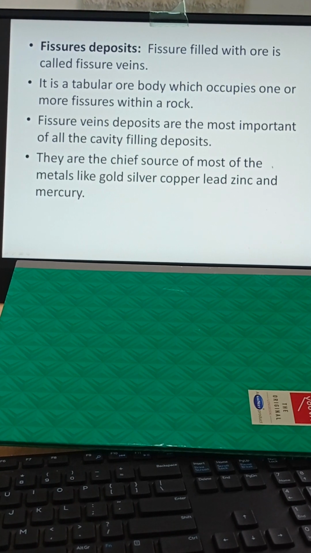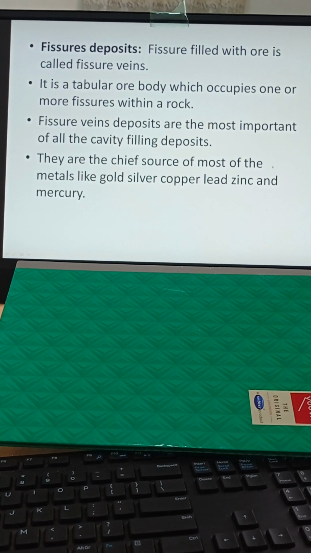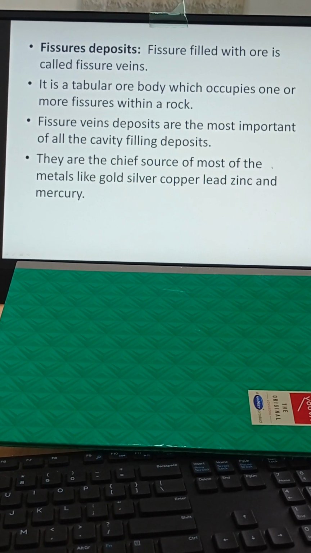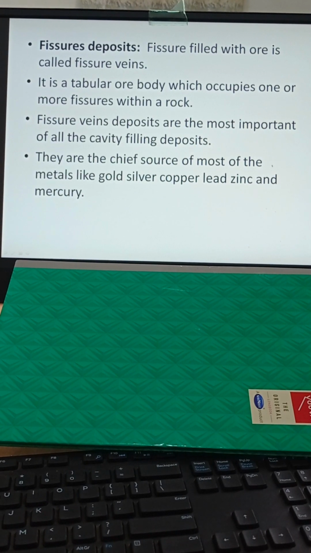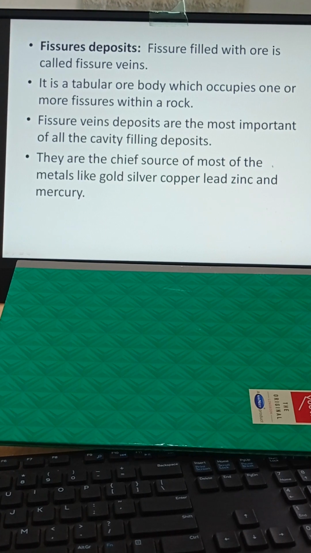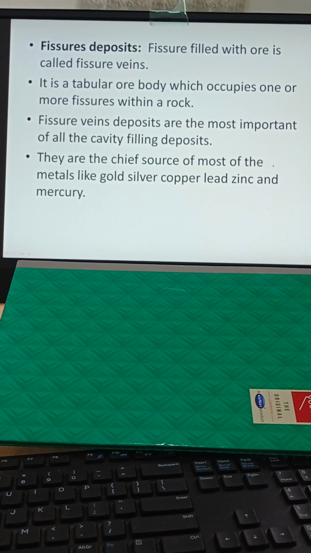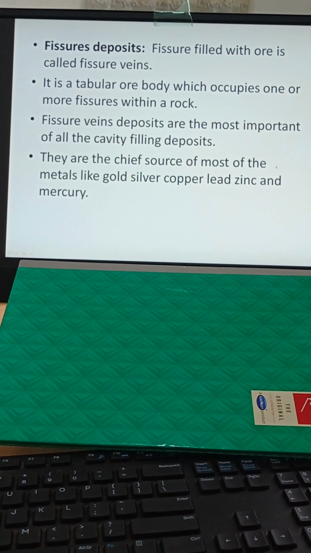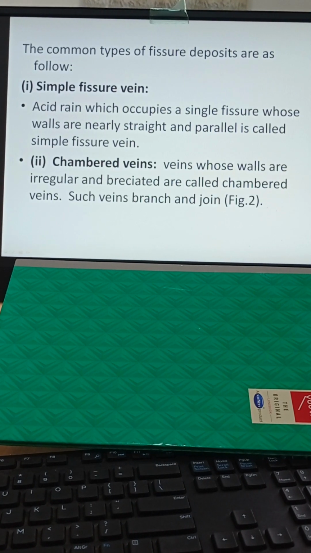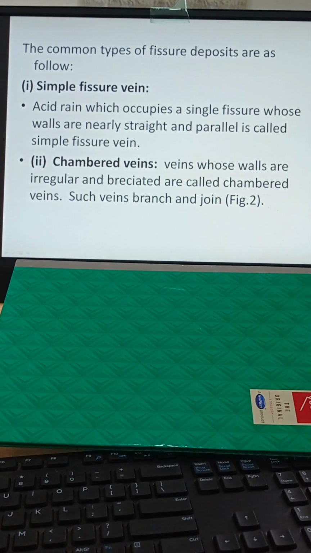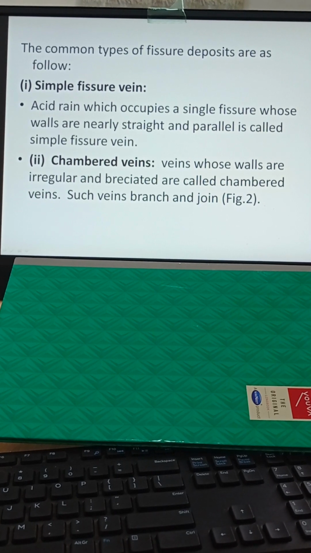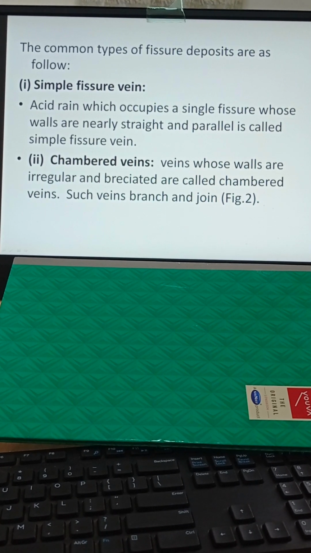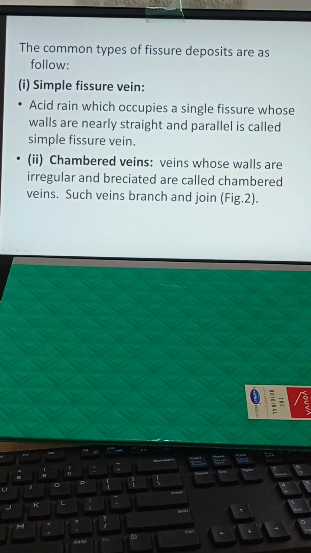Fissure vein deposits are the most important of all the cavity filling deposits. They are the chief source of most of the metals like gold, silver, copper, lead, zinc, and mercury. The common types of fissure deposit are as follows: simple fissure veins and chambered veins.